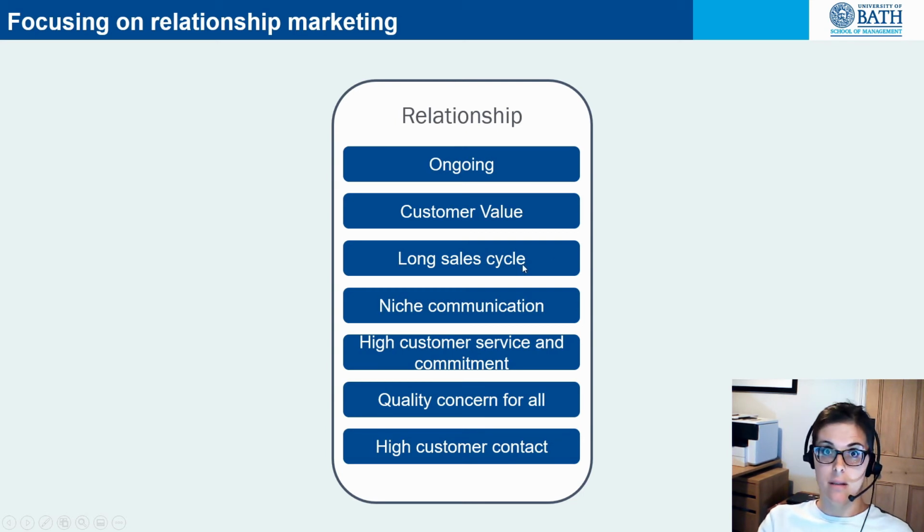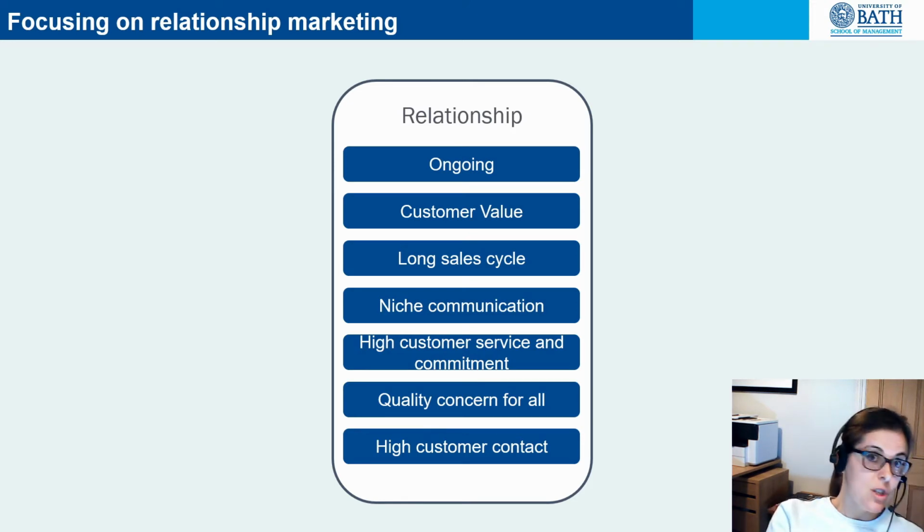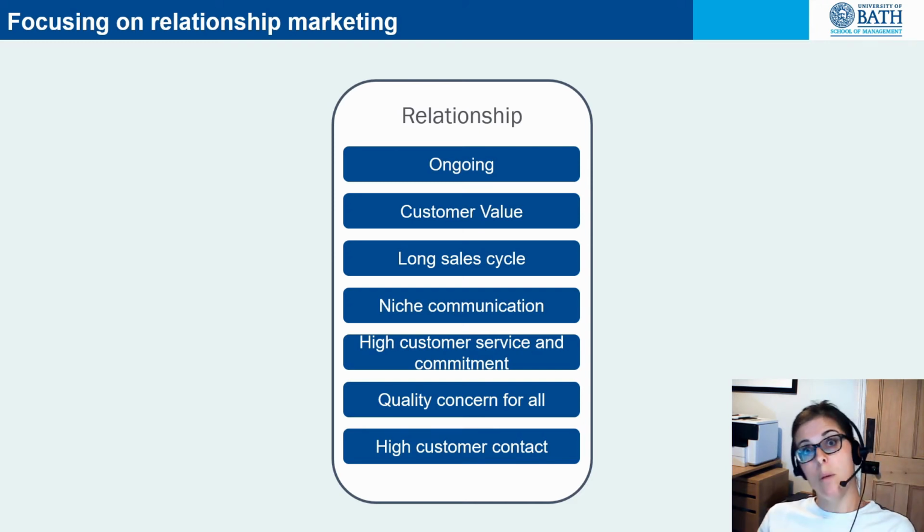And it absolutely does. There's niche communication in relationship marketing, because often you're talking one-on-one, two-on-two, and there could be up to about 6 decision makers in the average business-to-business decision. As such, the communication to each is niche. There could be communication by business function, there could be communication by problem.